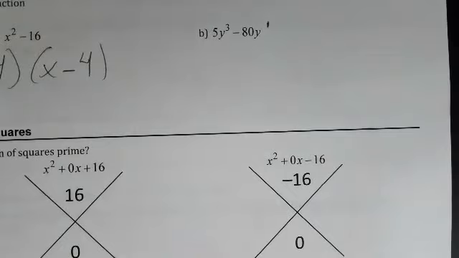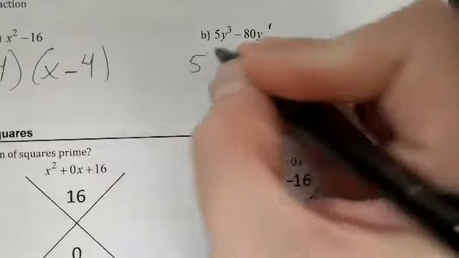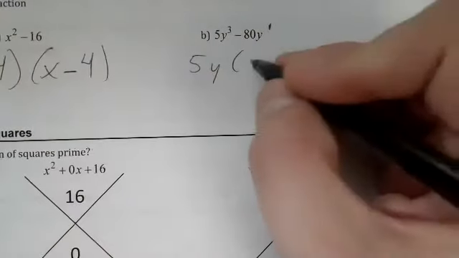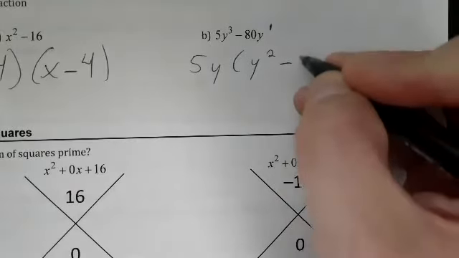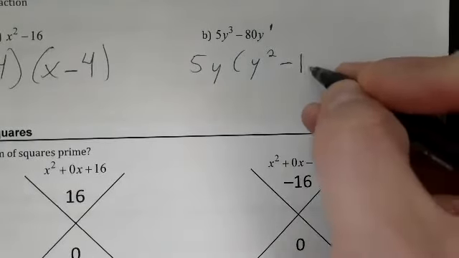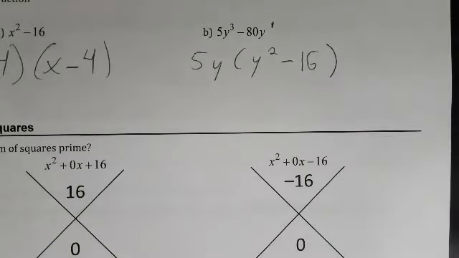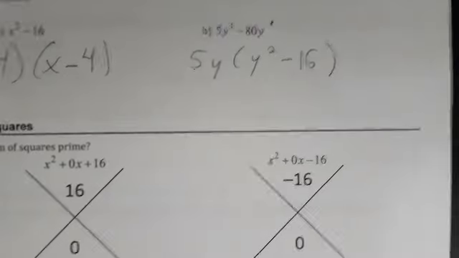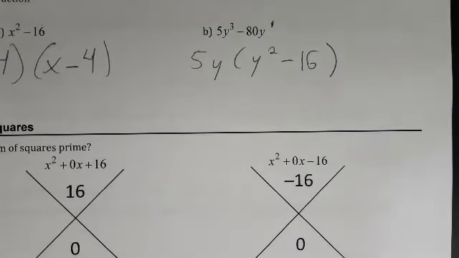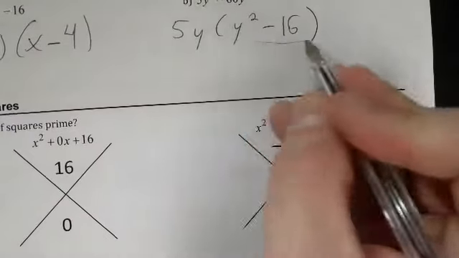So if we do take out a GCF, we can take out a 5. Now I'm looking at just the y squared minus 16.